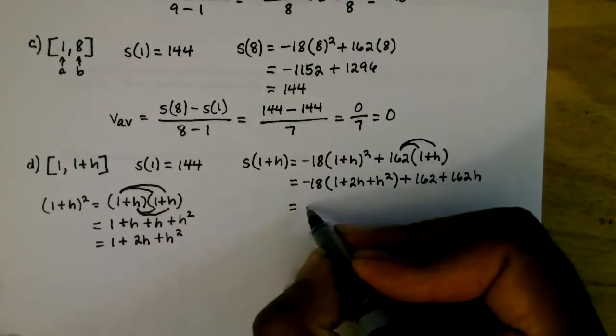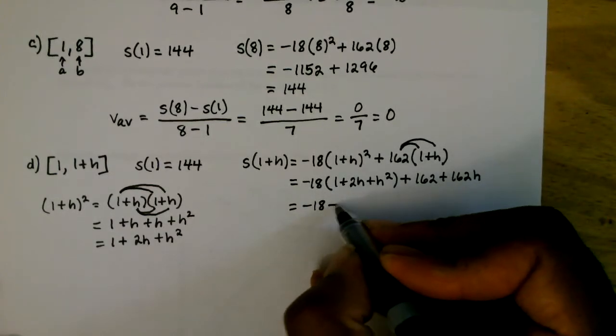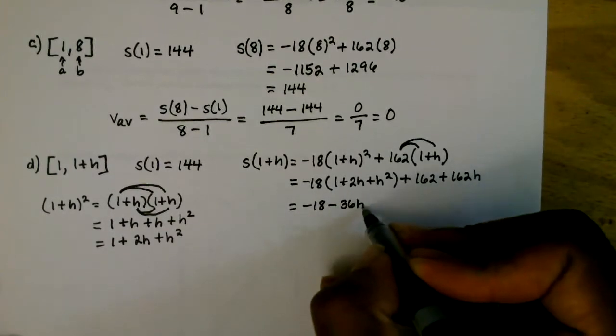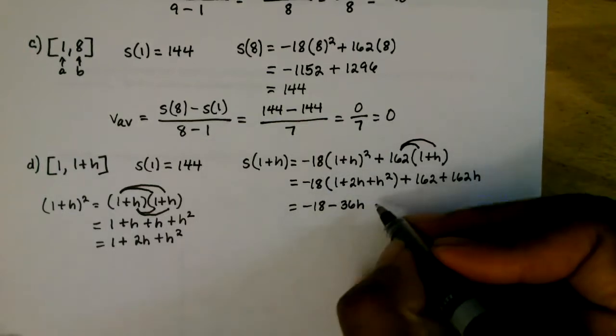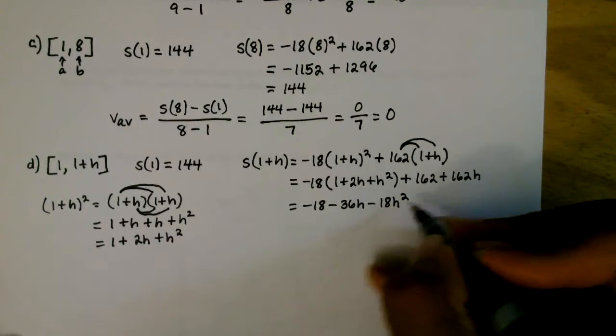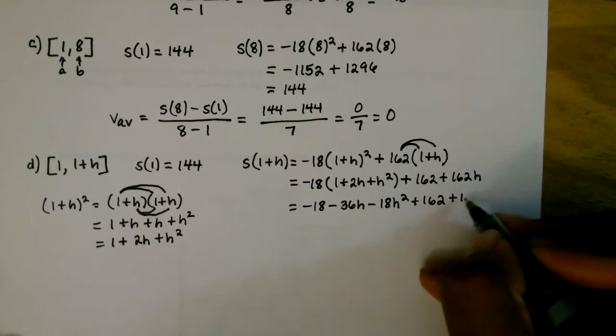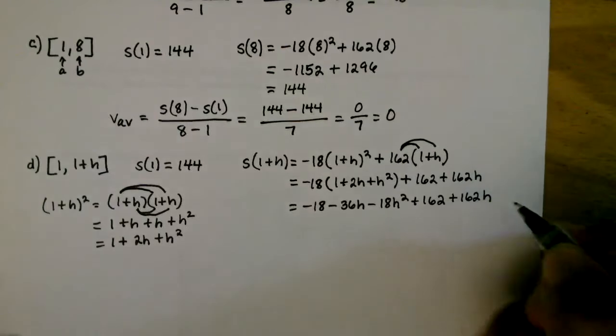Negative 18 times 1 will be negative 18. Negative 18 times plus 2h will be minus 36h. And then negative 18 times the plus h squared will be minus 18h squared. And then bring down plus 162 plus 162h.